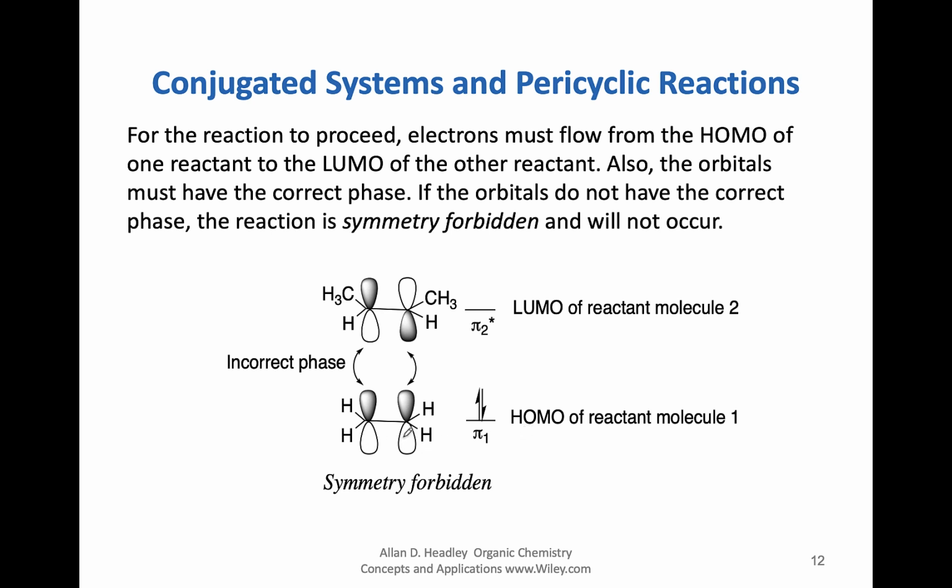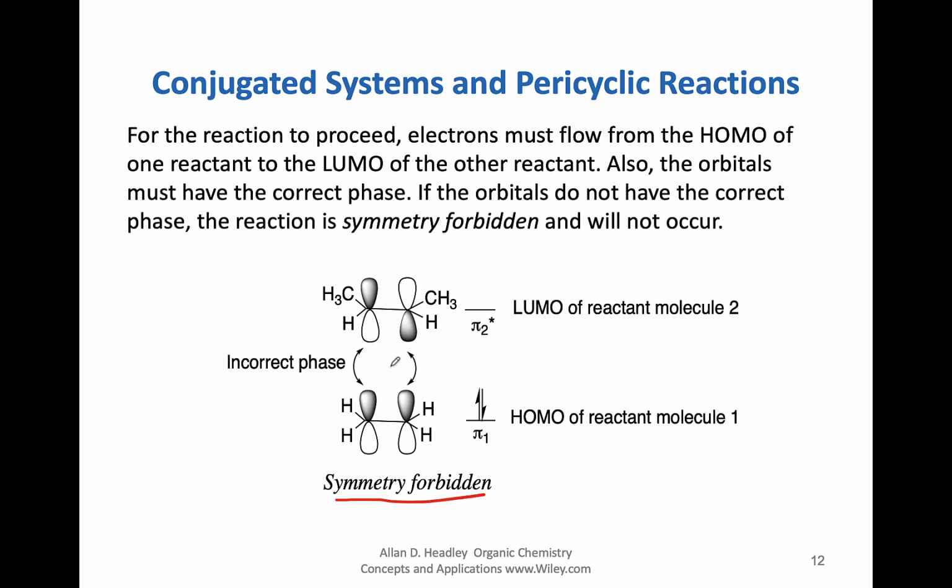You will see here that the phases are incorrect for a reaction to occur. So we say that this is symmetry forbidden. A reaction will not just occur by having electrons flow from one reactant's HOMO to the LUMO of the next reactant, because the phase must be correct.